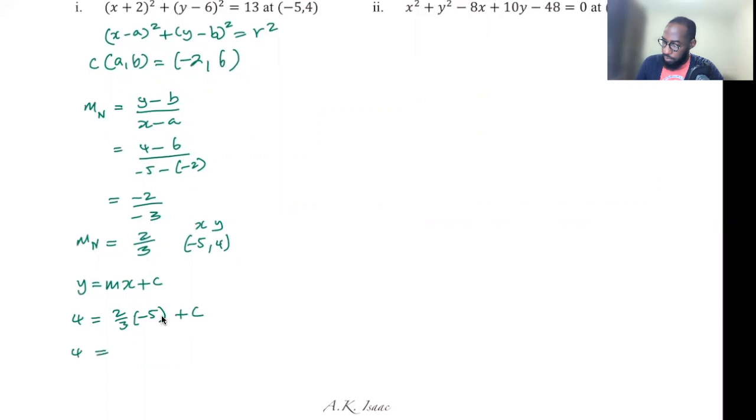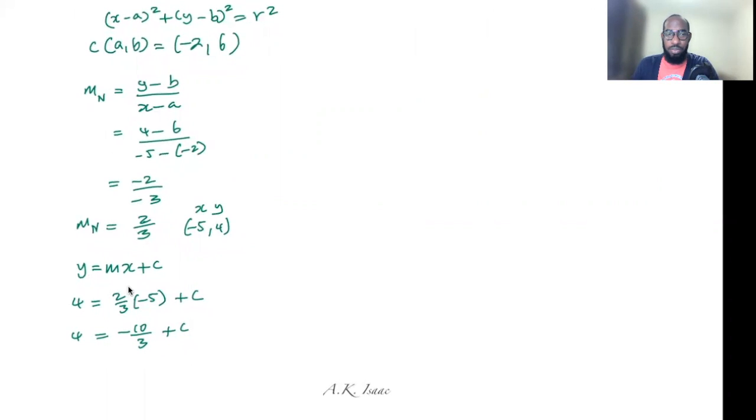So 4 is equal to -10 over 3 plus c. Once you have it looking like this, just multiply 2 by -5 and you get -10 over 3, because -5 is really -5 over 1.